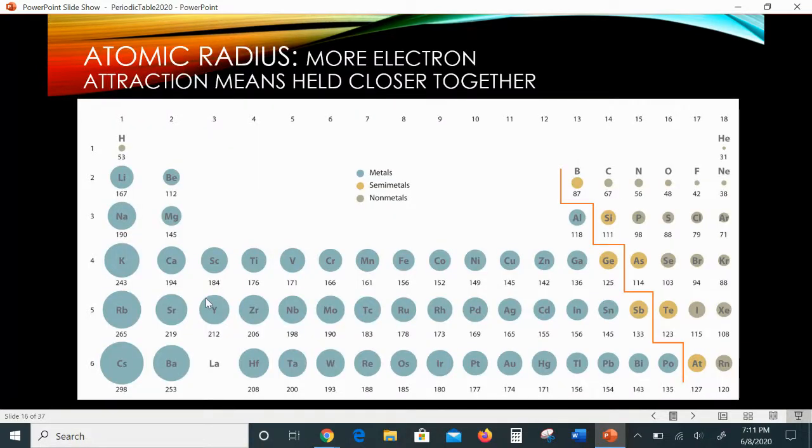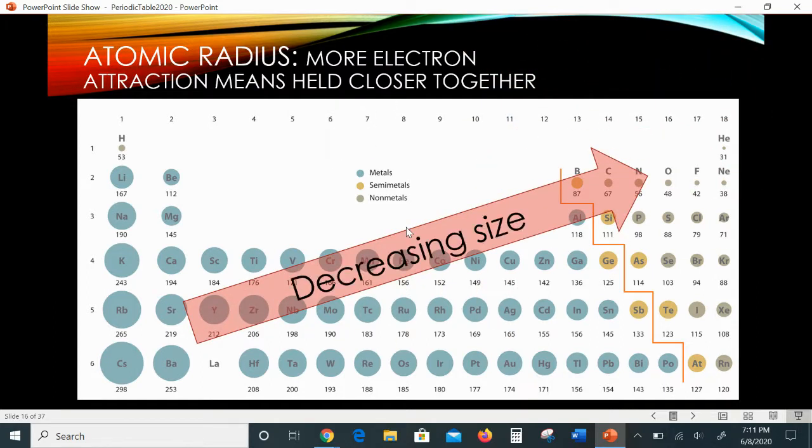Now, the atomic radius drives me a little nuts. People always say, well, that's backwards. It's not really backwards, but let's talk about it. Cesium has the biggest atomic radius of everything here listed, and helium has the smallest atomic radius. So, as you'll see, things get smaller as you get up toward helium, right? And it's bigger in the cesium. But this has to do with attraction. Think of what we've been saying.